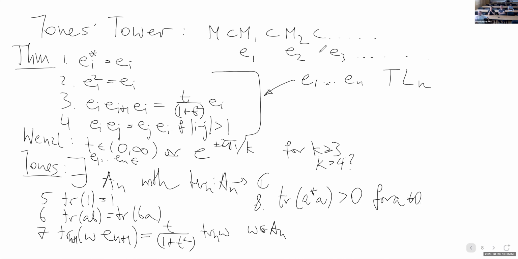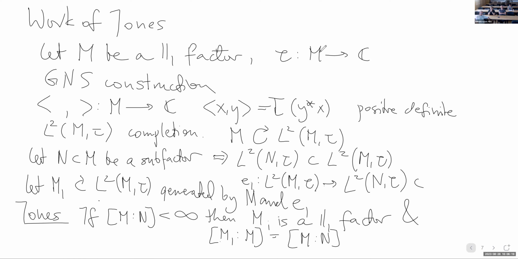Could we go back to the slide with this theorem with these indices? Jones's theorem. So we claim that the index of M in M1 is the same as N in M. But is it also true that the index of N in M1 would be the same?